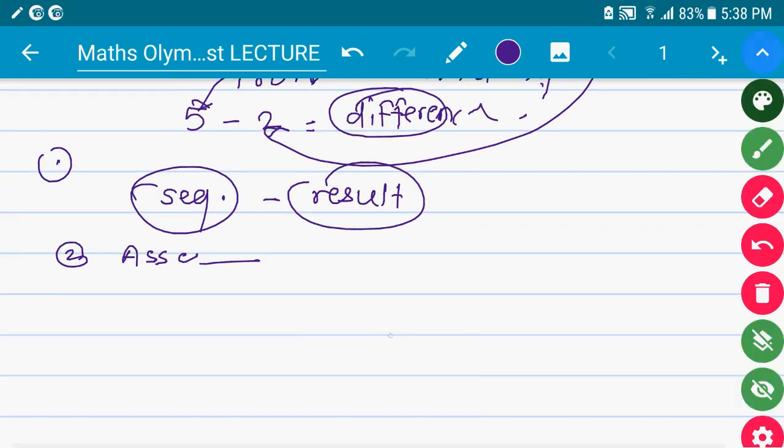Okay, now one more property is there related to 0. If we subtract 0 from any number, the result is the number itself.